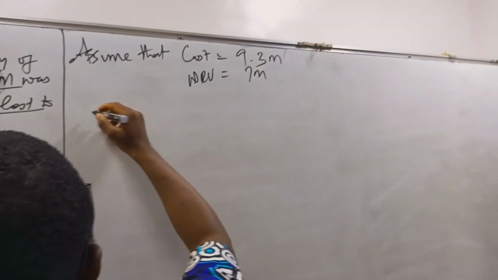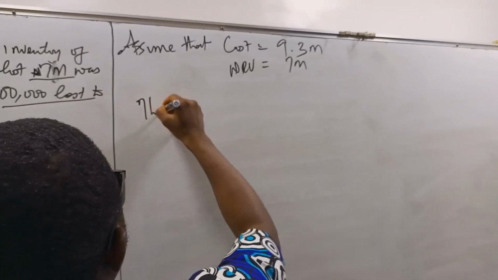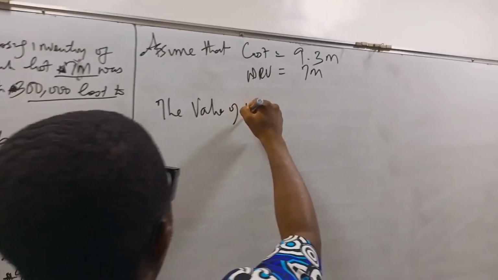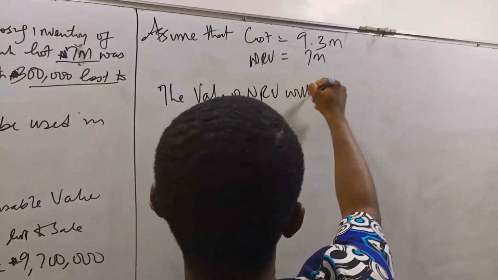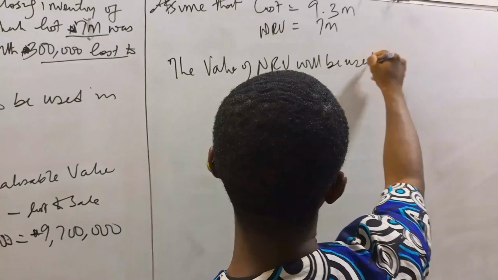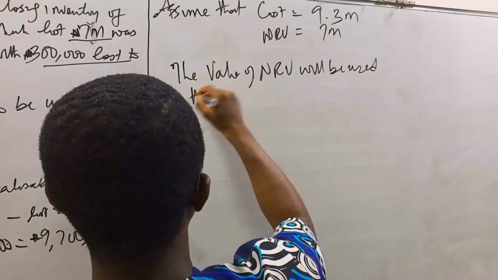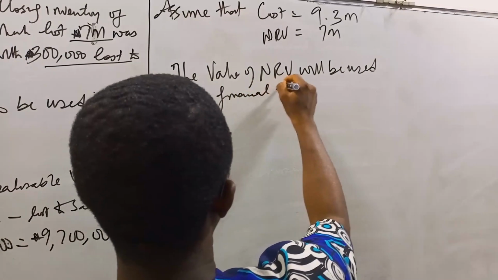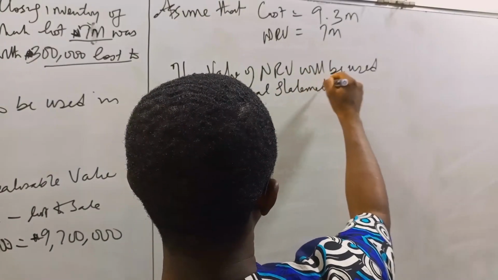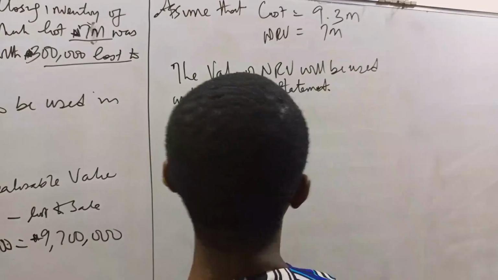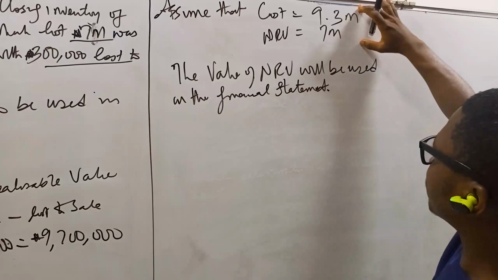In this situation, the value of NRV would be used in the financial statement. Now, what is the implication of this?